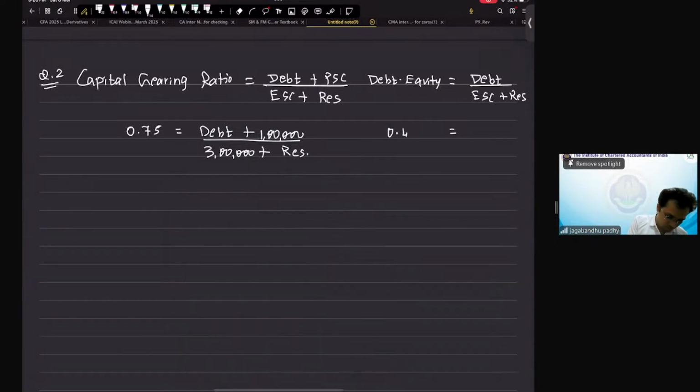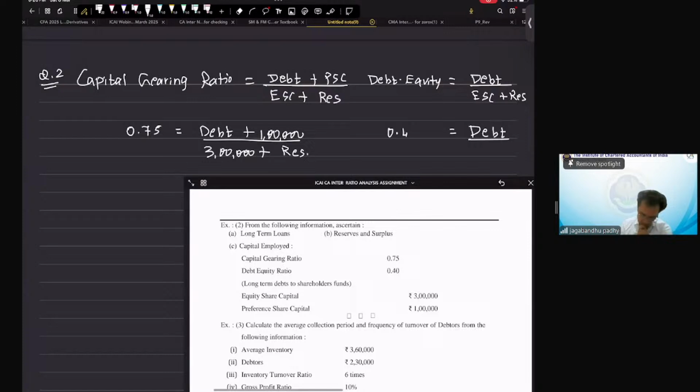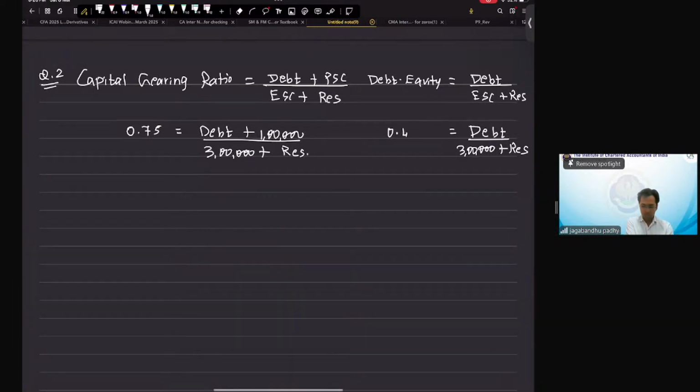So we don't know the amount of debt. Equity share capital is something we know, which is 3 lakh, but we don't know how much is the amount of reserves. So in both the cases, we have a situation where two things are not known to us. So let's try to just solve this.